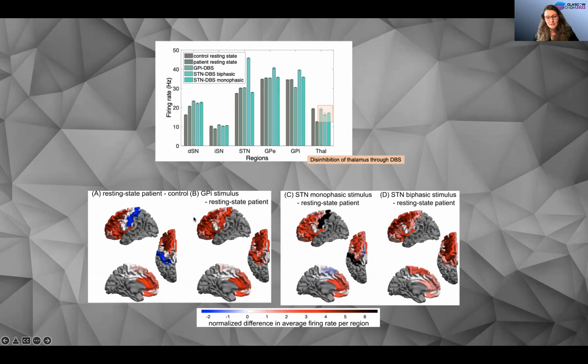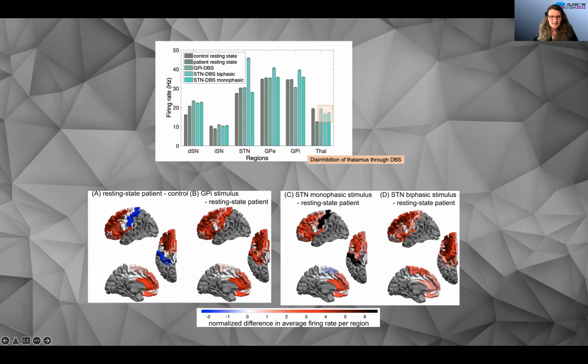Then we could not only see these spikes and firing rates of the regions around the electrode, but also enlarge our view to the cortical regions and see what happens to regions much further away when we stimulate these tiny STN or GPi nuclei.